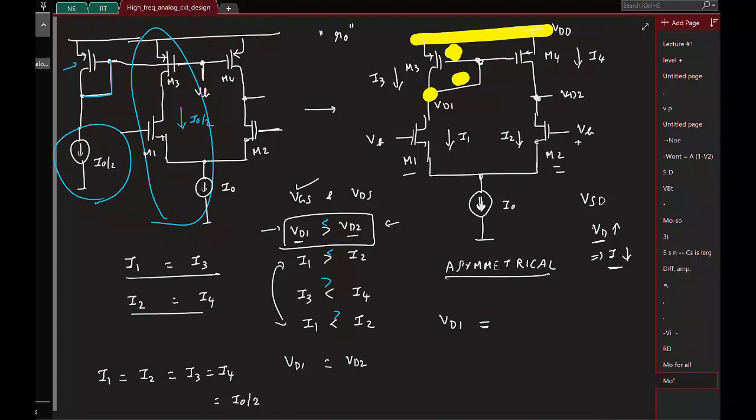Is that okay? So this is basically VDD minus the source to gate voltage of the transistor M3 when it is operating at a current I0 by 2.